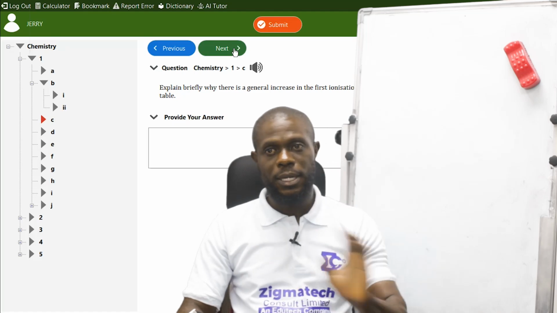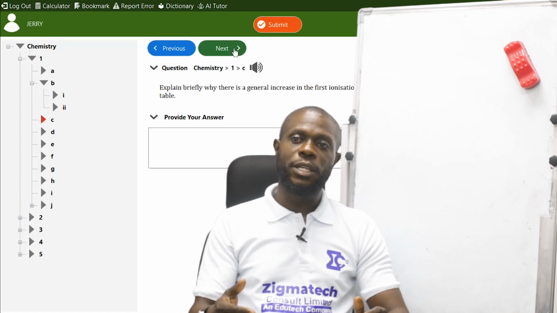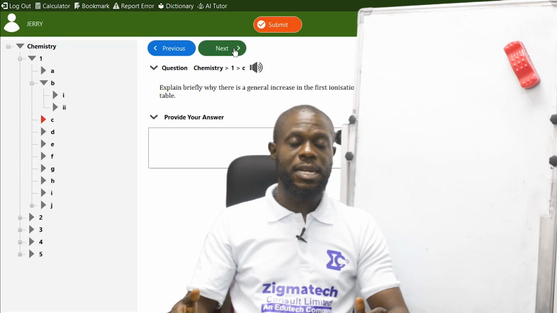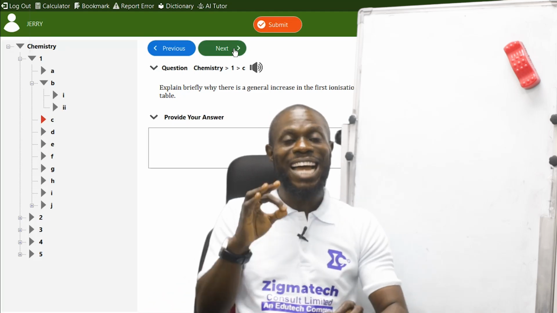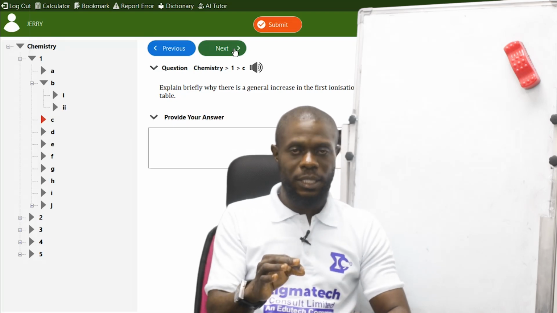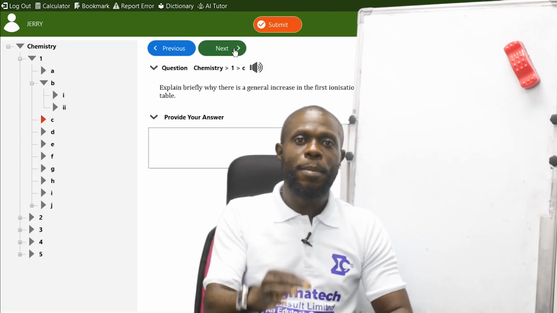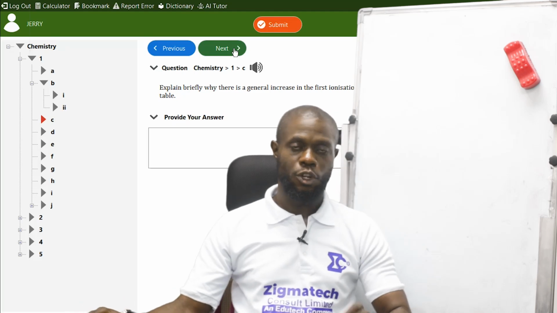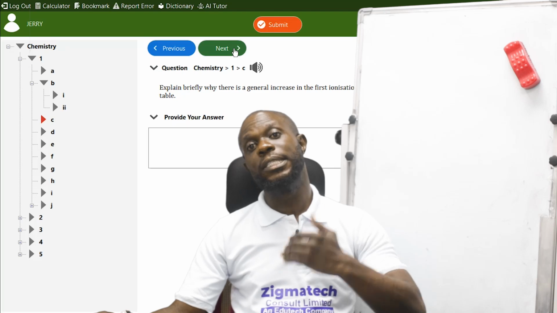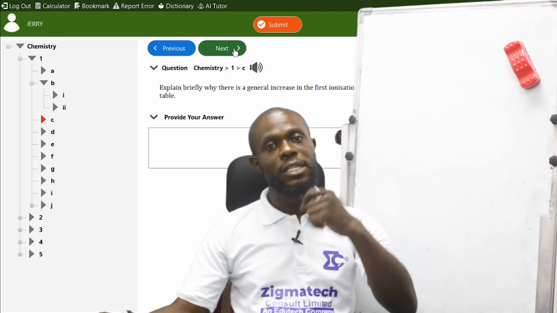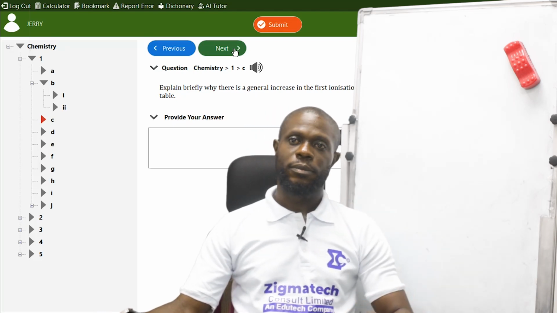If the energy required to remove an electron from an isolated atom is increasing, then that means atomic number is increasing. So the number of protons is increasing, because as the number of protons is increasing, ionization energy is increasing.